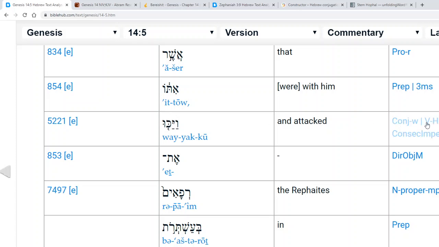They're saying it's in the hifil, and I would have guessed it's in the poel. It's in the simple, right? Lehakot, to hit. Yeah, I would actually put it in the poel.